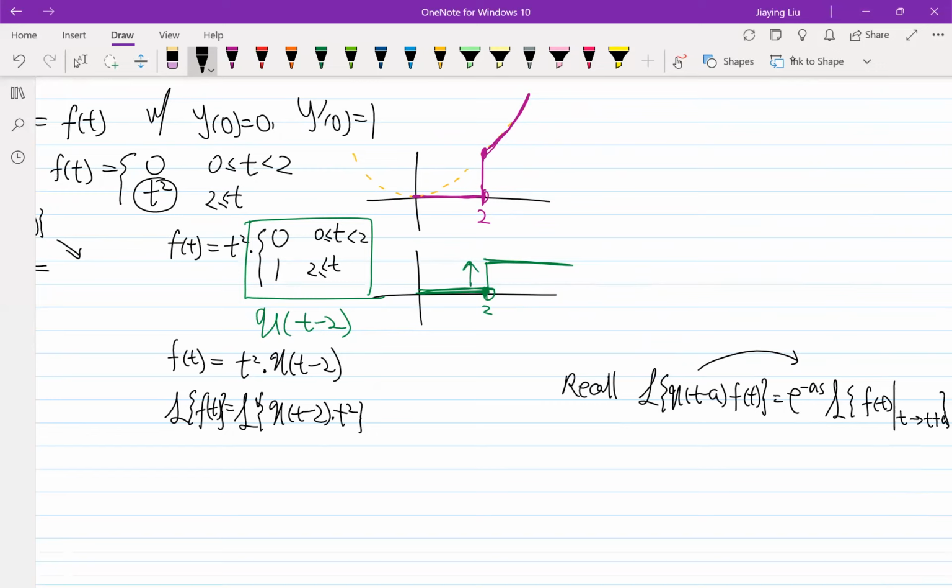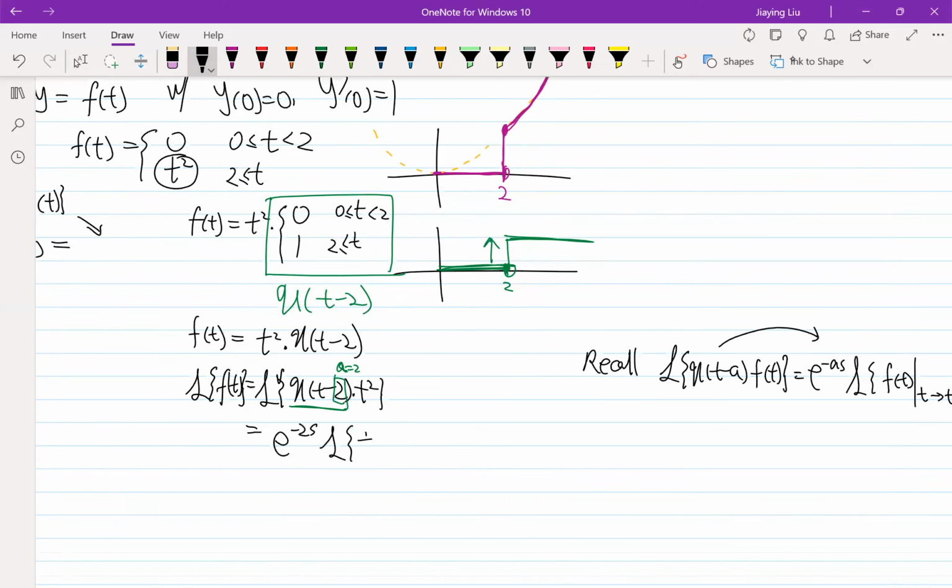So now, in the example we have, the u part, t minus 2, will become an exponential with a being 2 here. So that will give us e to the negative 2s. And then we end up with the Laplace transform of t squared.